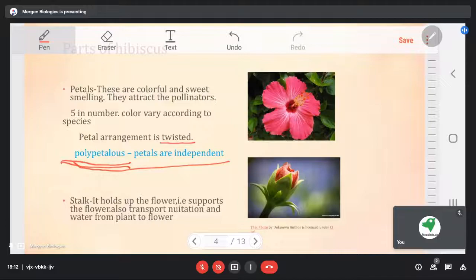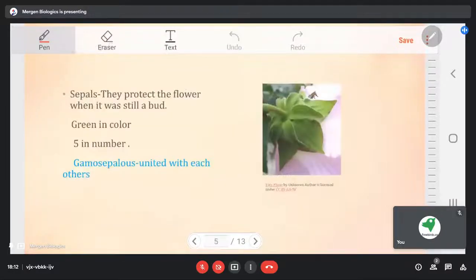The second part here, I have added this stalk. The stalk is also important because it is the passage through which food or nutrients travel from the plant to the flower. So this green part is the stalk. And then we have this sepal.